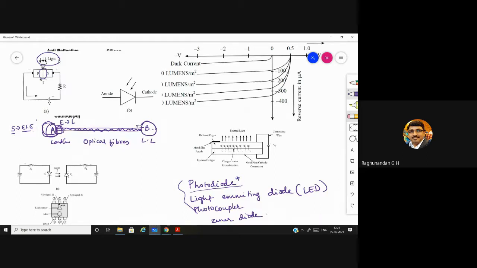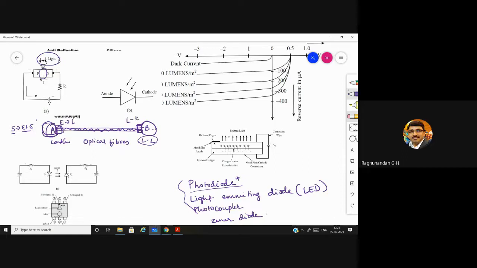When it reaches B, what should happen in order to receive the signal at B? If this landline has to convert that to sound signal, what should happen first? Light signal must be converted to electrical.